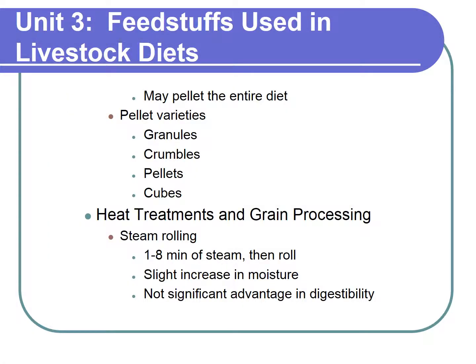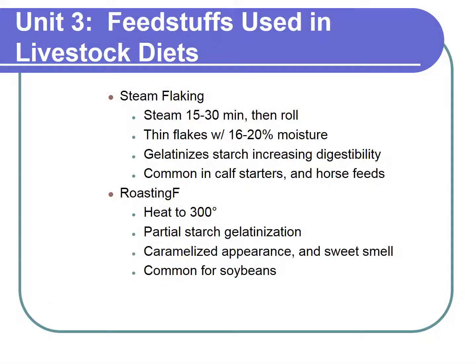Heat treating like steam rolling or steam flaking is also important. Same thing with the pelleting process. When we add heat and steam to feeds, you actually somewhat begin the digestion process for it. So you will actually make the feed much more digestible. 5 to 15% is what we've quoted, but that includes things like steam flaking or roasting, like what's listed here.